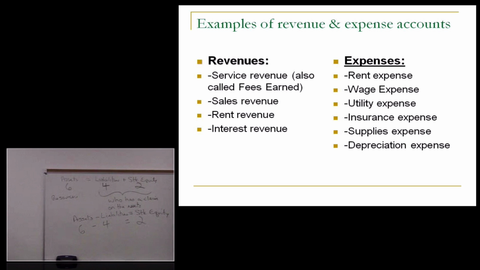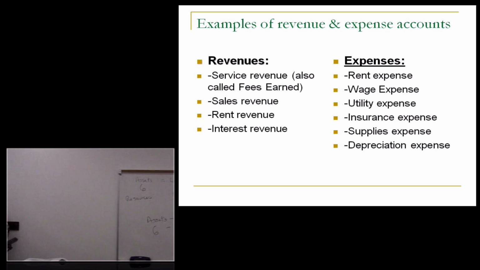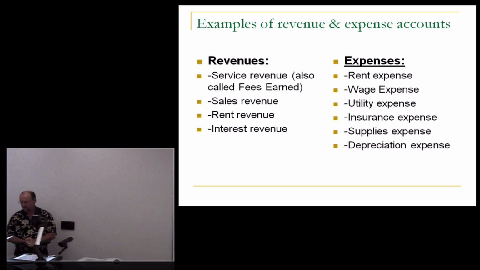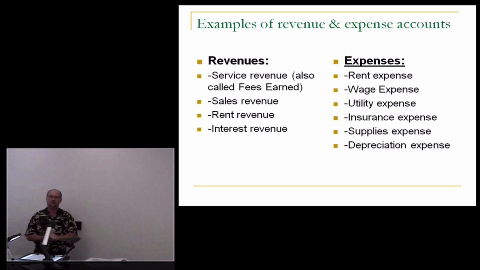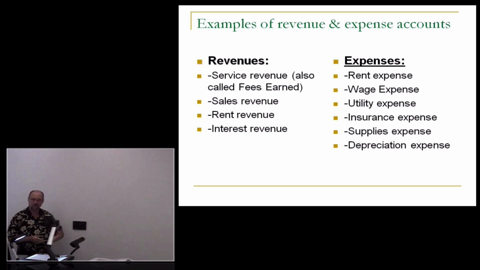Okay, talking about revenues. Depending upon the nature of our business, revenues, if we provide a service, we would call service revenue. Sometimes it's referred to as fees earned. If we sell inventory, like I'm Walmart, or I'm Foot Locker, or I'm Home Depot, we call that sales revenue.